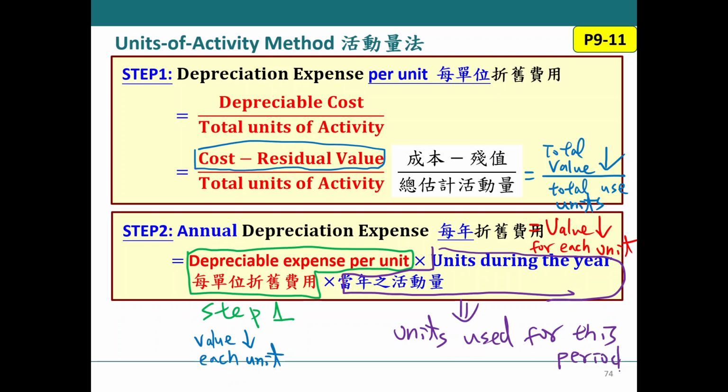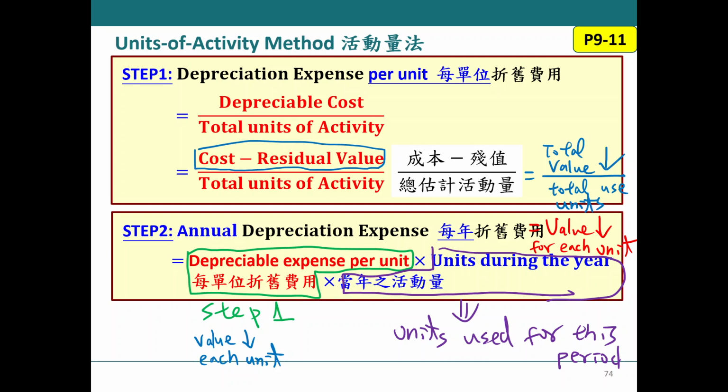Okay, so when you used more, then value decrease more. When you used less, then your value decrease less. Okay, any questions? So could be higher, could be lower, depends on the unit you used. No problem?